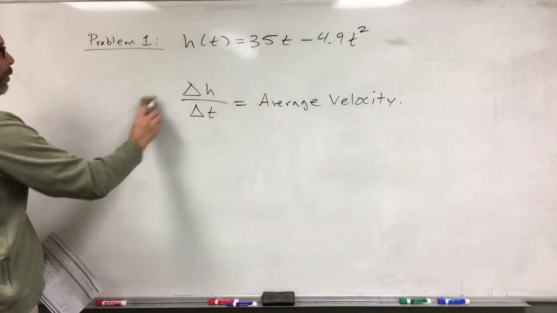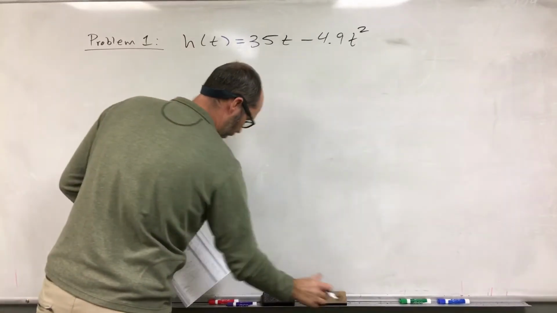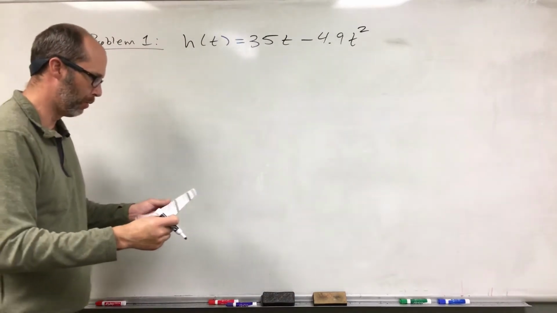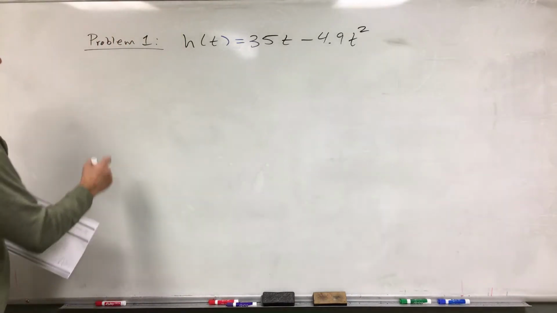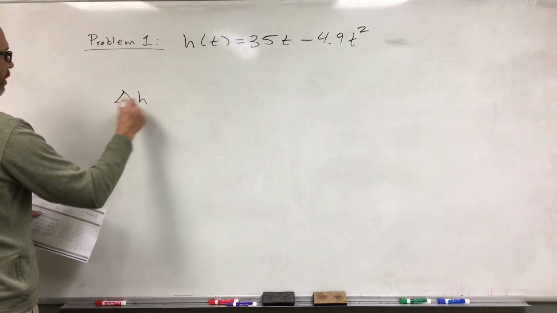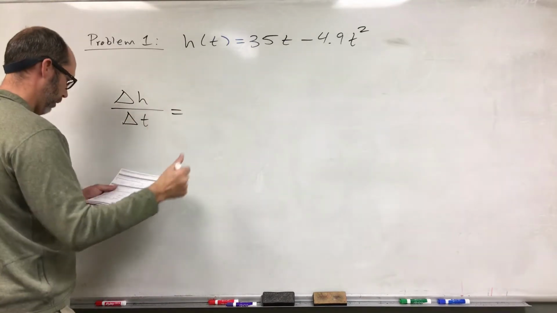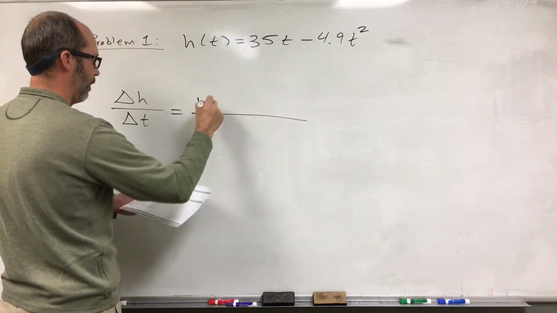So to do problem 1, where they want you to compute the average velocity over the time interval 0.5, 2.5, what you're going to do is compute h of 2.5 minus h of 0.5.